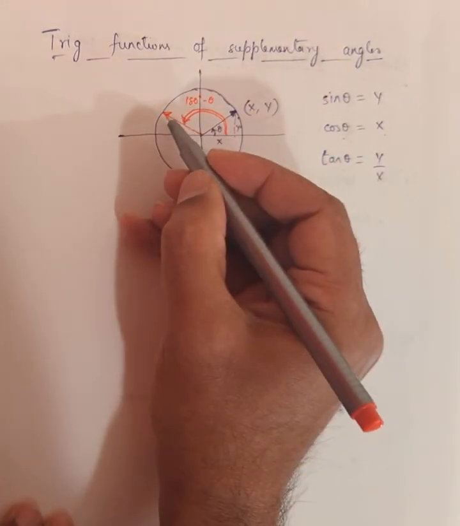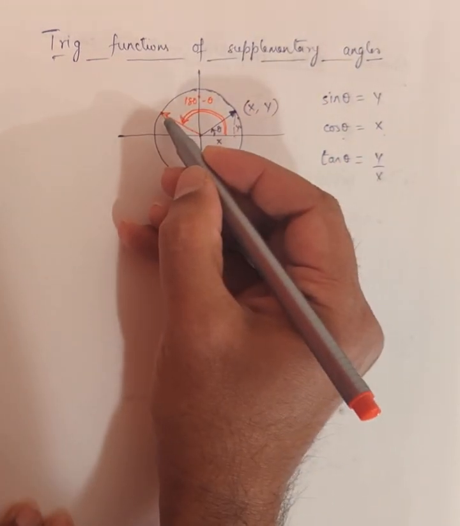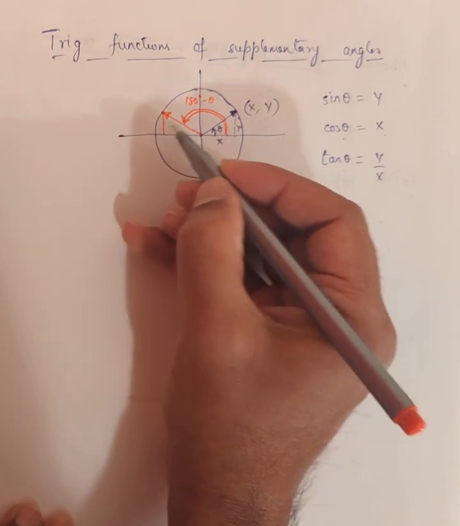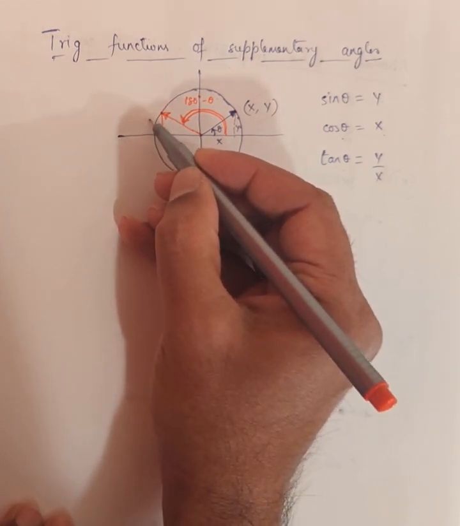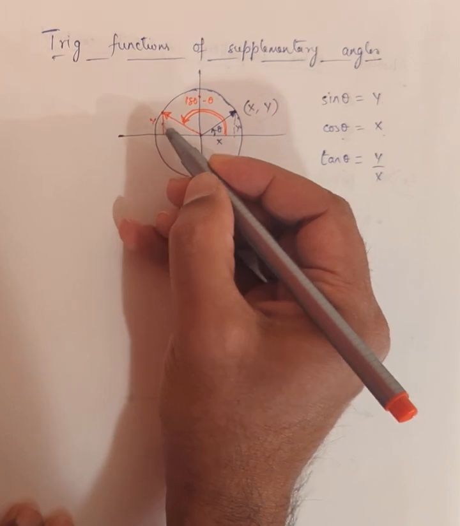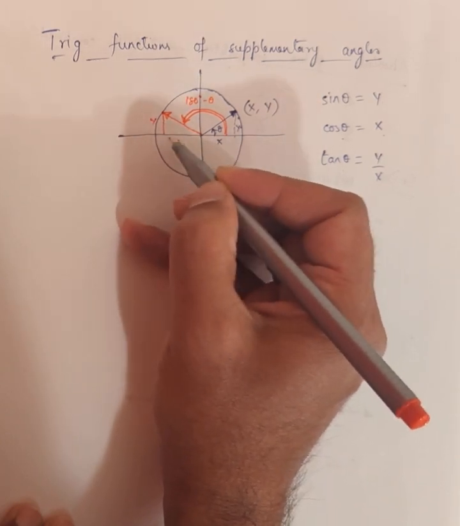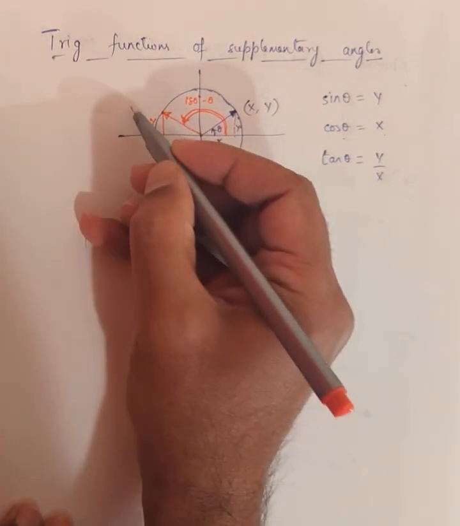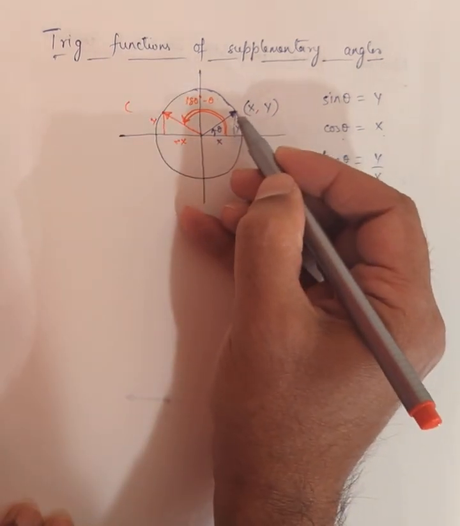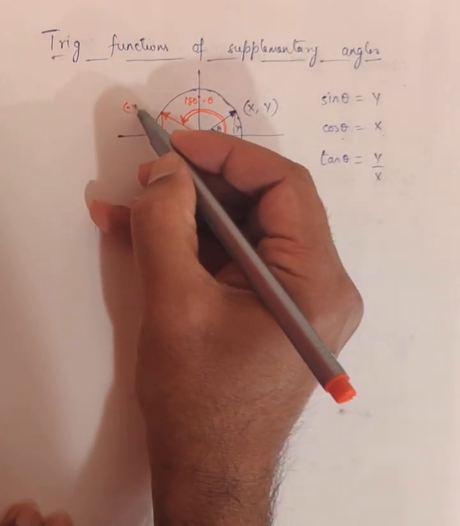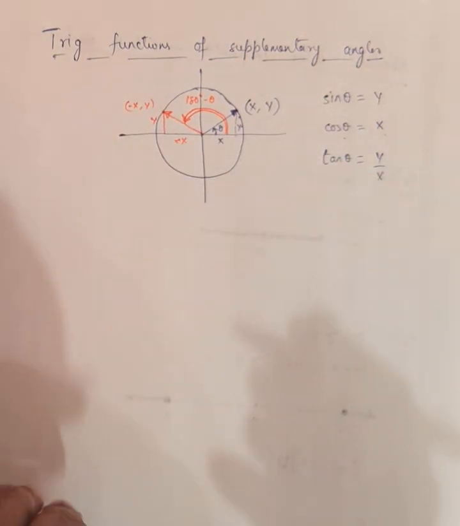Now notice that this point has the same y coordinate because it's above the x-axis, but it has the opposite x coordinate. So if this point has coordinates x, y, this would be negative x, y.